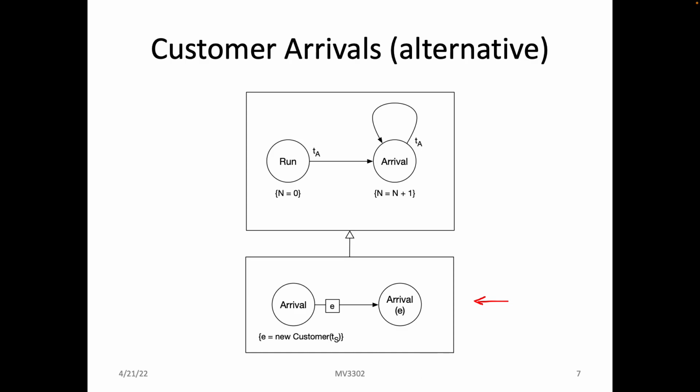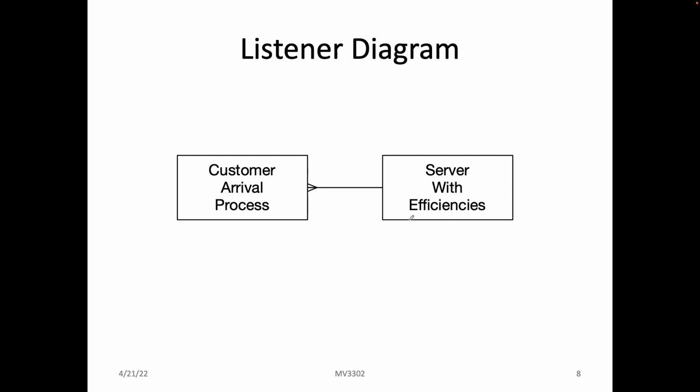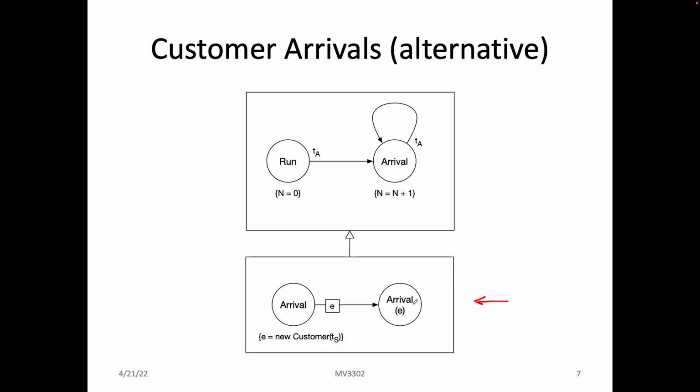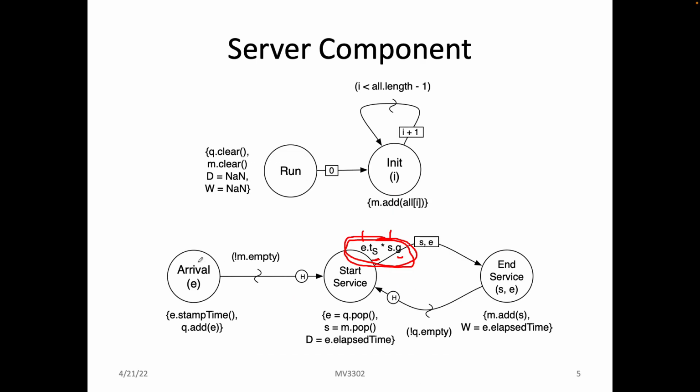And so with either one of these, if we have our customer arrival process and our server, and the server is listening to this customer arrival process, it will hear this arrival event with a customer as an argument, and that in turn will trigger this arrival event here. And since there are no other events, because when we do a sim event listener, we're hearing all of the events except for run.